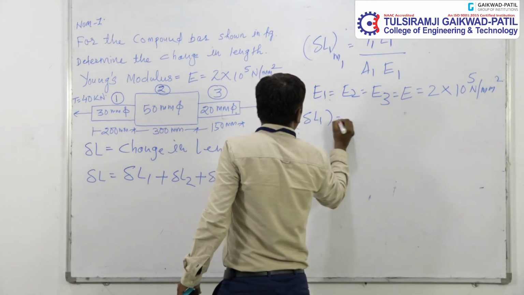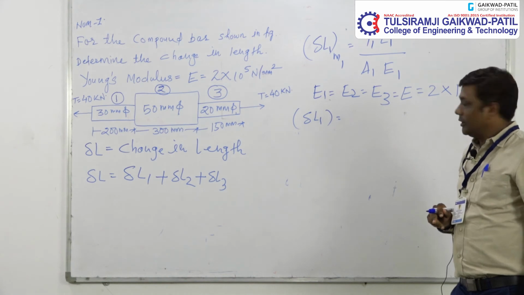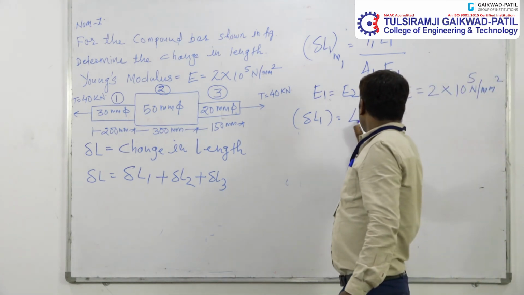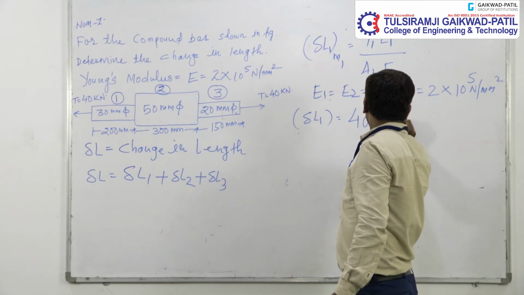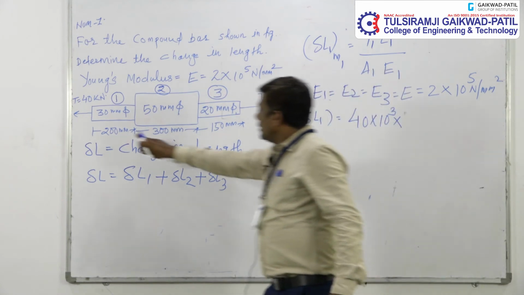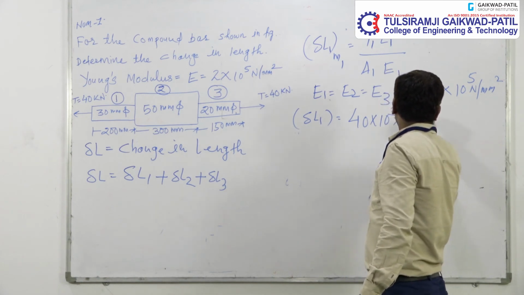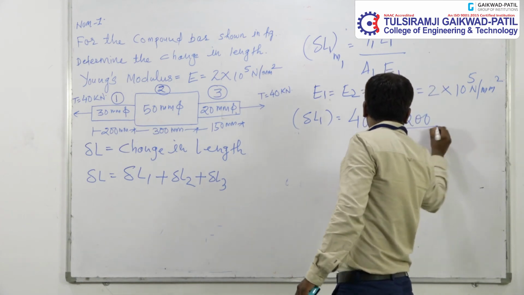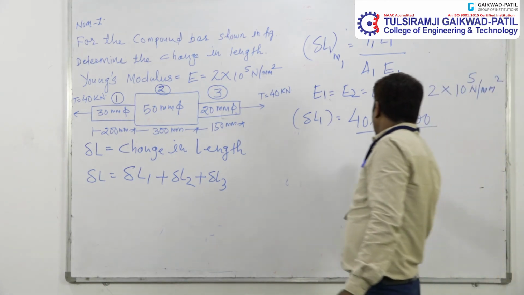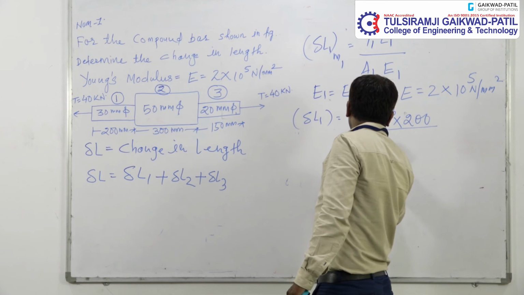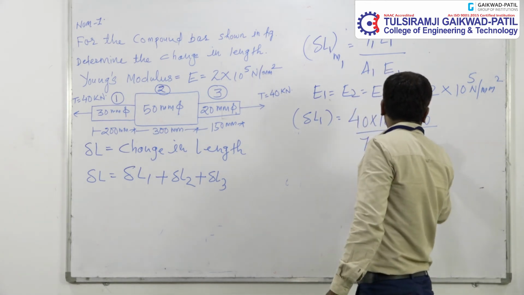So here delta L1 is given by, you just put the value of P1. What is the value of P1? P1 is given as 40 into 10 raised to 3. What is the value of L1? 200 mm. What is the area? The area is given as 706.15. And what is the value of E1?